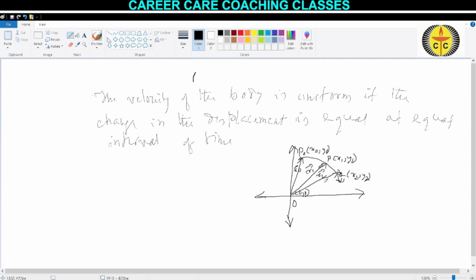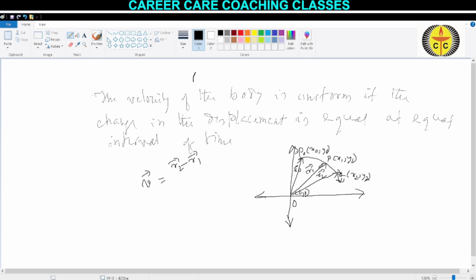Then what is V? V is equal to R2 minus R1. So this is R2 minus R1.